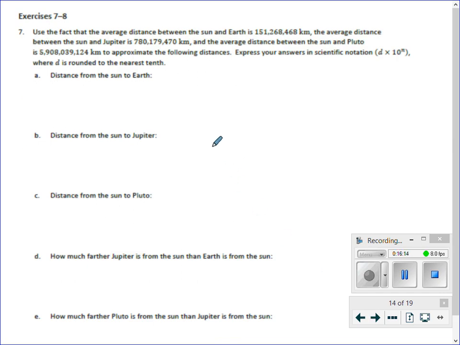So here are some facts about the Sun and the Earth and Jupiter and Pluto. The distance from Sun to Earth is 1.51268468 times 10. We're going to move it left 8 places. So if we move it left, it's actually a positive.